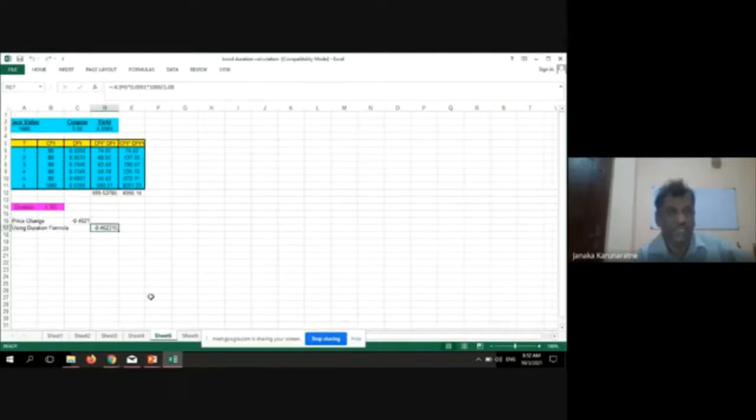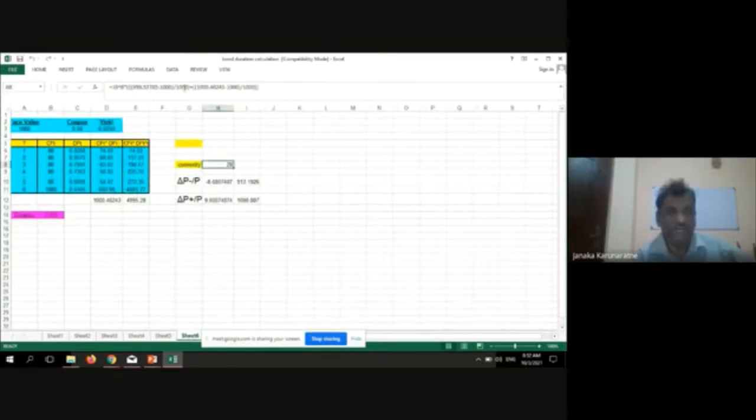Here this one minus 1000 divided by the original face value 1000, plus the positive change that you worked out here for a declining 1 basis point. So you will get the convexity of 28, right?